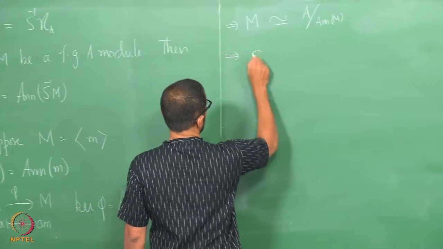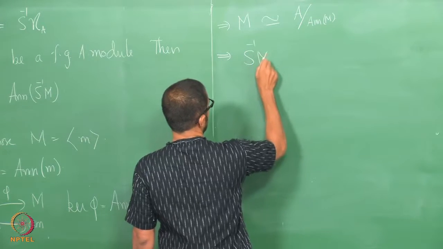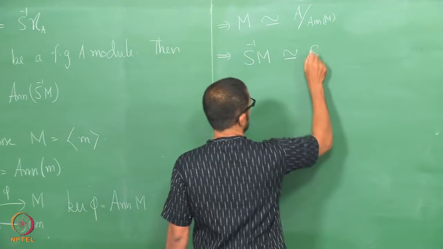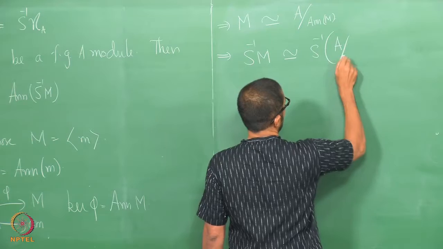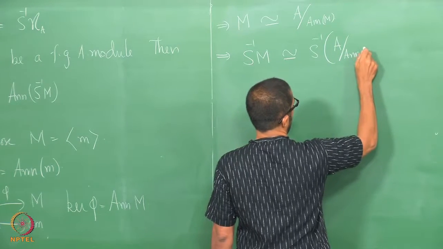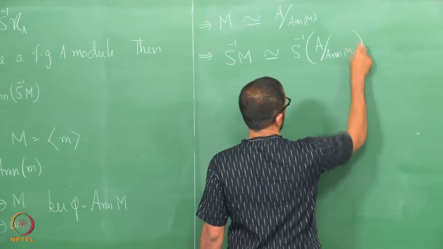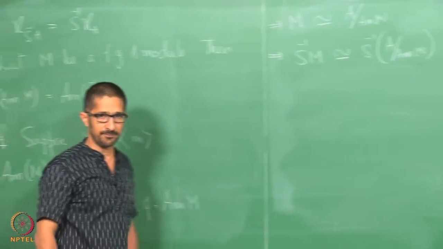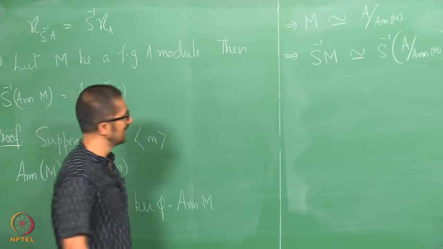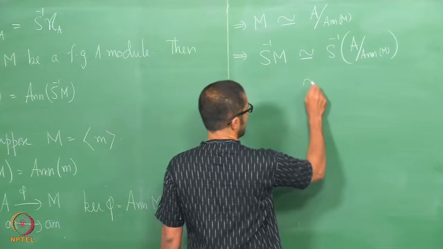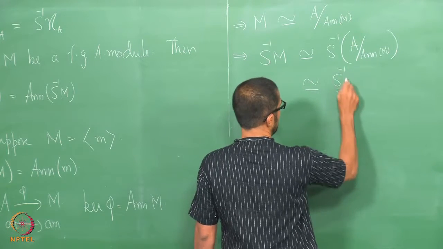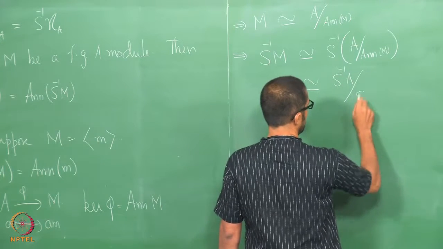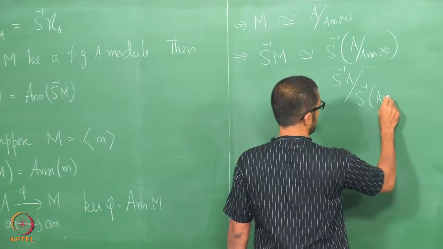That would imply that S inverse M is isomorphic to S inverse A mod S inverse annihilator of M.